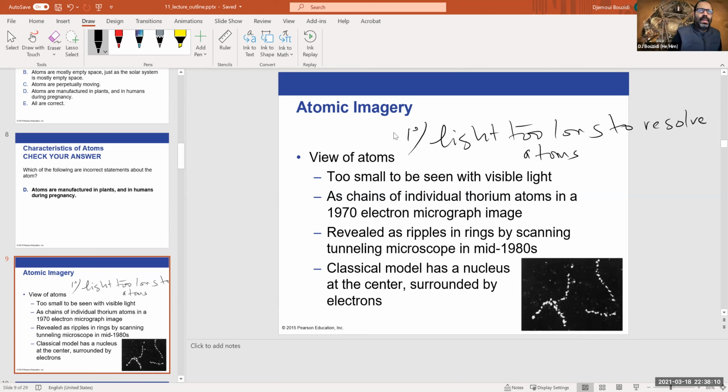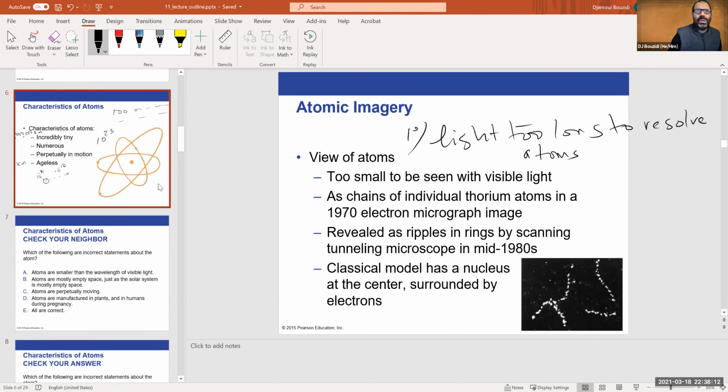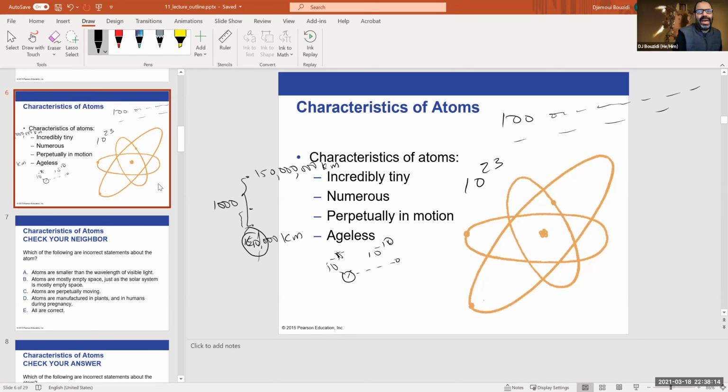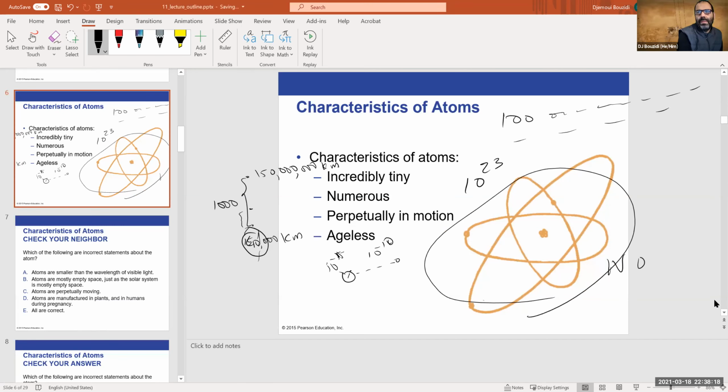Okay. Let me tell you something also. This is not real. This is not how the atom looks like. This is just a model. So this, like orbits, and you have these things going.